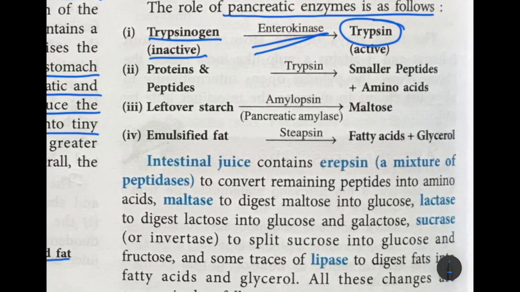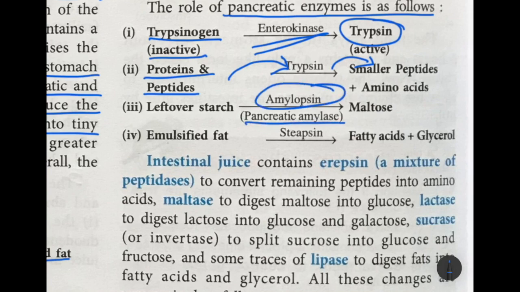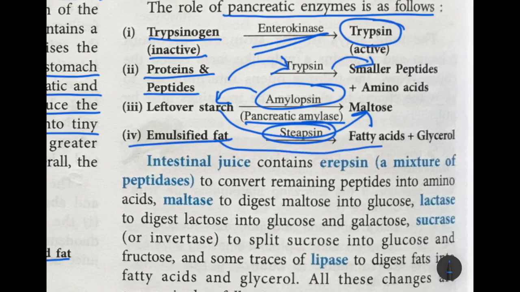Then the proteins and peptides are acted upon by the enzyme trypsin and turned into smaller peptides and amino acids, and amylopsin or pancreatic amylase acts on leftover starch and turns it into maltose, and then finally steapsin acts on emulsified fat and turns it into fatty acids and glycerol.